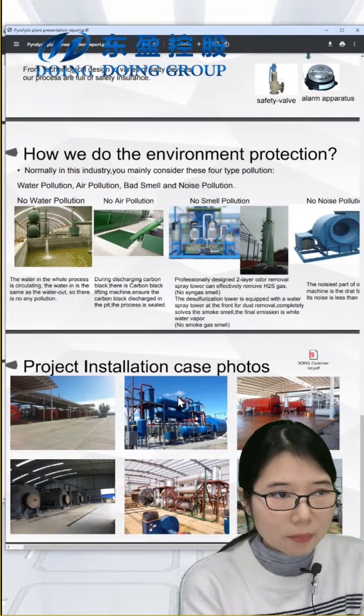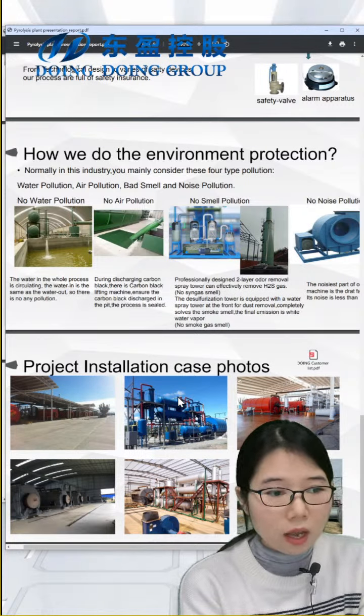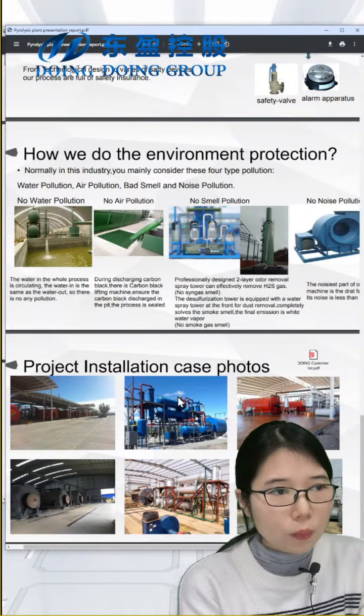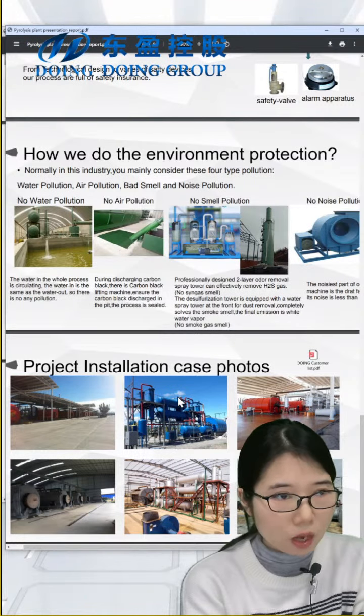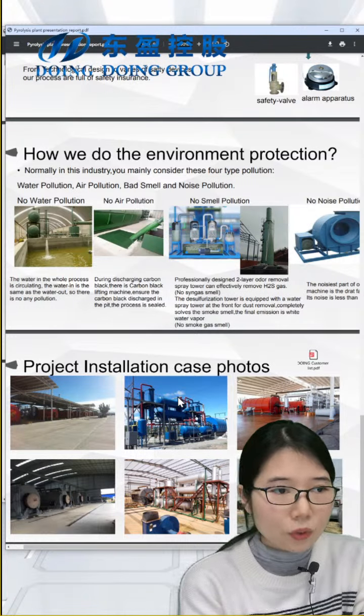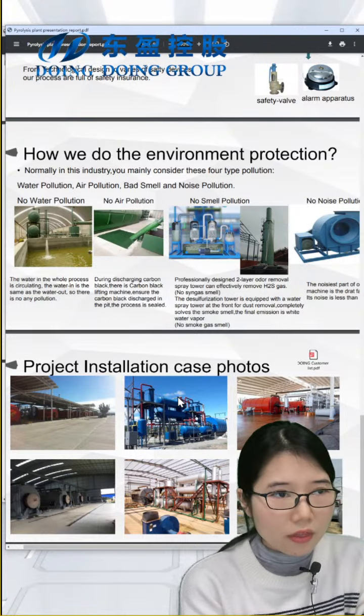The syngas can be used to heat the reactor for saving your heating fuel. But if you use it directly to heat the reactor, it may produce a bad smell. So before we use the syngas to heat the reactor, we purify it with the syngas purification system, so we can make sure there's no bad smell.